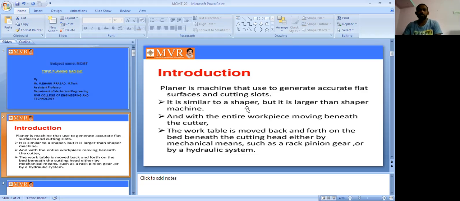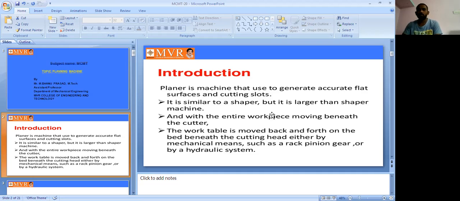It is also used to produce flat surfaces, but it is larger than the shaper machine. In a shaping machine you can machine small parts, but in a planer we can use large parts, with a high production rate. If we want to do mass work or heavy work on flat surfaces, we go for the planing machine.